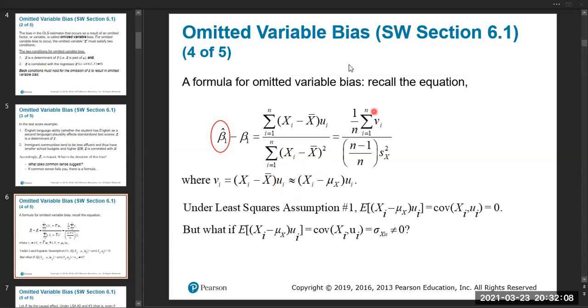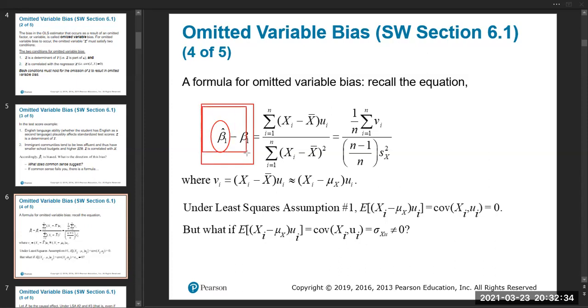So how do we look at this one? If this thing doesn't equal 0, then our estimator doesn't equal the population parameter.